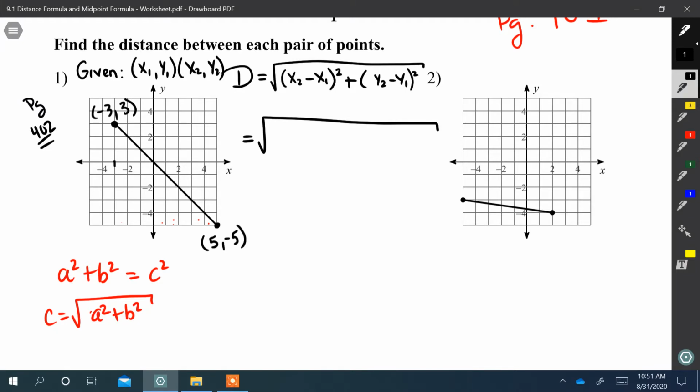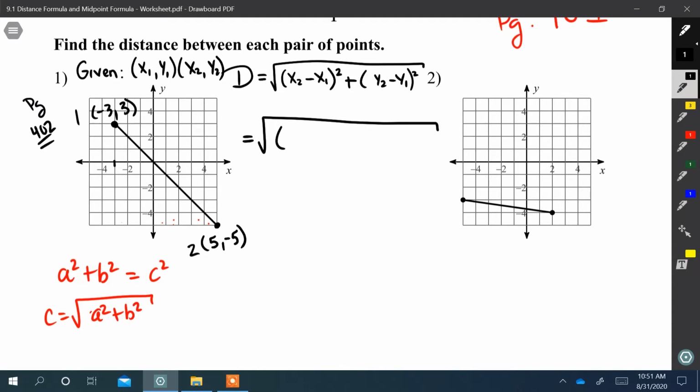So my points are -3 and 3, and 5 and -5. First of all, pick what's going to be the first point and what's going to be the second point. Doesn't really matter. This could be the second point and this could be the first point, or this could be the first point and this could be the second. As long as you are consistent, you will be fine.